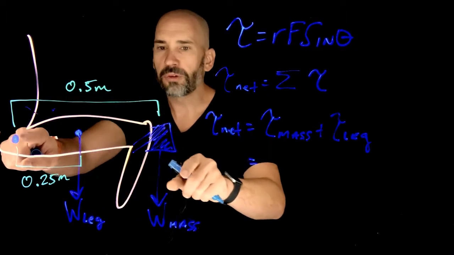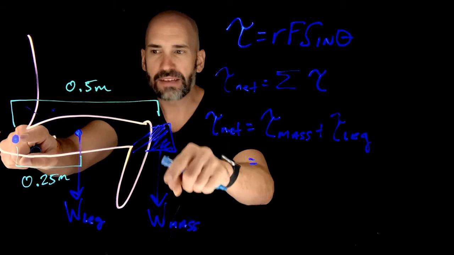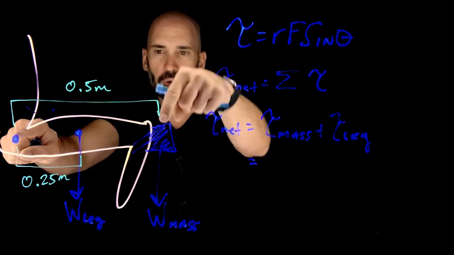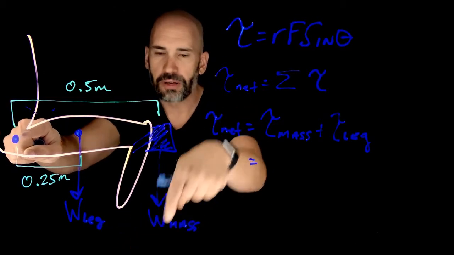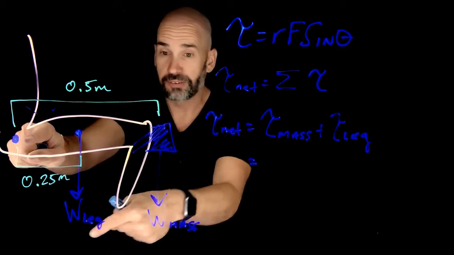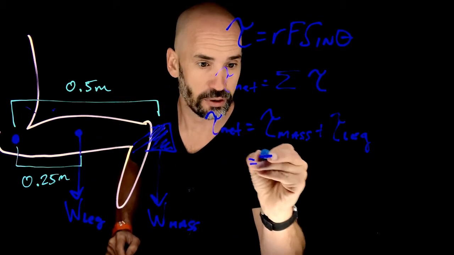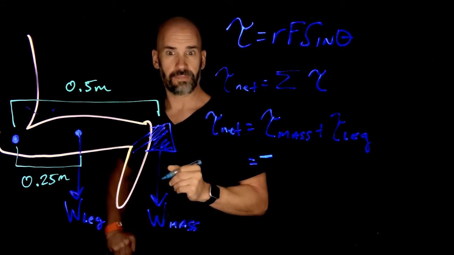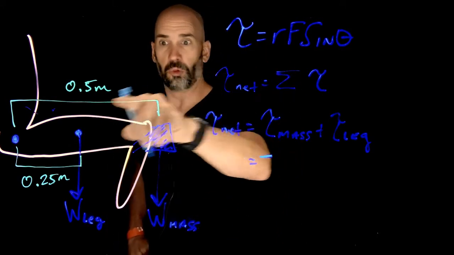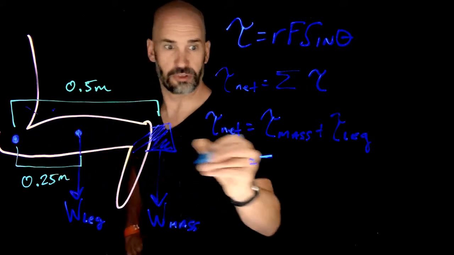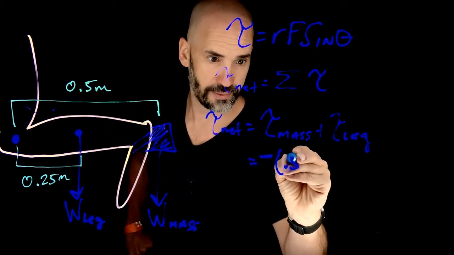We look at which direction this mass wants this leg to rotate. Well, it wants it to rotate this way, which is clockwise. That means it is going to be negative, so we can put a nice negative sign in front. How far away is it? Well, it's 0.5 away from the axis of rotation, so I can put a 0.5 there.